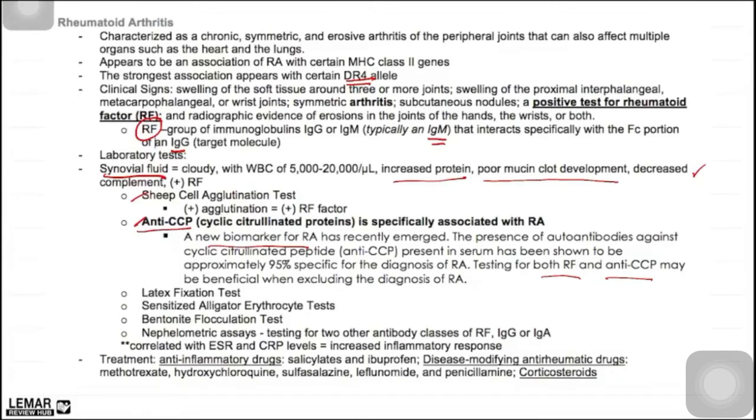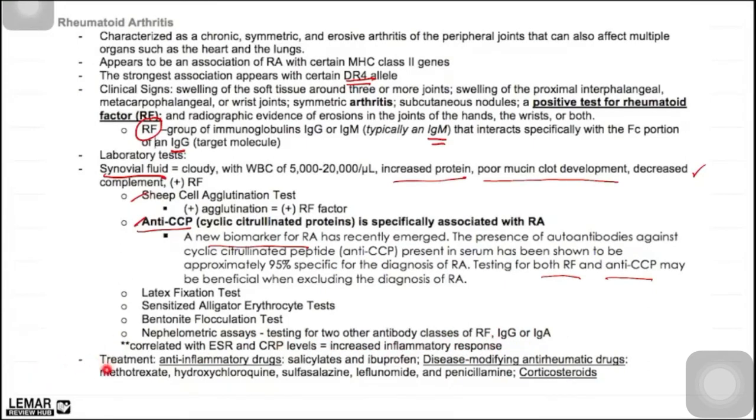Other tests involve the latex fixation test, sensitized alligator erythrocyte test, bentonite flocculation test, and nephelometric assay, testing two other antibody classes of RF, which are IgG or IgA. Also, these tests are correlated with CRP levels and ESR, which are both increased during inflammatory conditions.